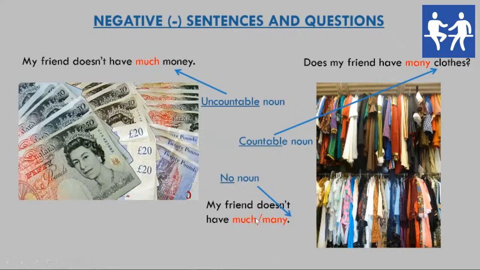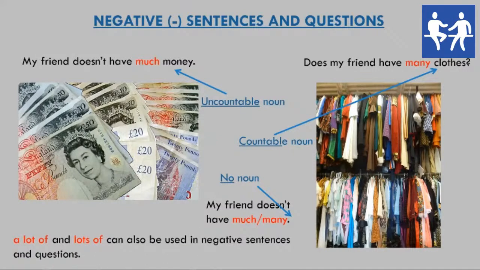So we have to remember whether we're going to use much or many, but we can end the sentence with just those words. A lot of and lots of can also be used in negative sentences and questions, again, in the same way, remembering whether it's a countable noun or an uncountable noun.